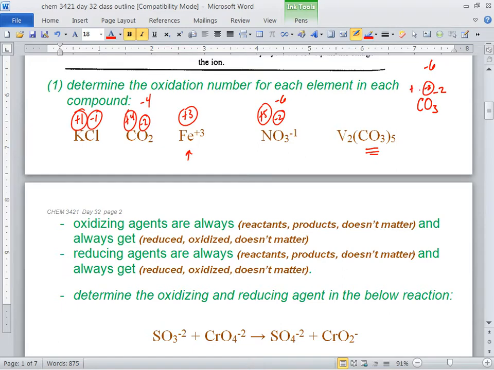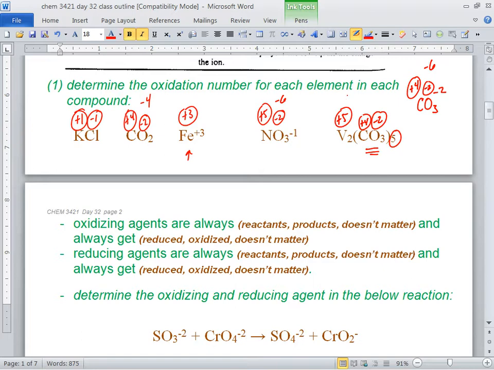What, Danielle? What plus the -6 gives a -2? All right. +4. There we go. +4 and -6 would be -2. So that means this guy's +4. He's -2. And vanadium, just looking at it, you know it has to be +5. Here's a charge right down there. But you can do the math and check, but it works.